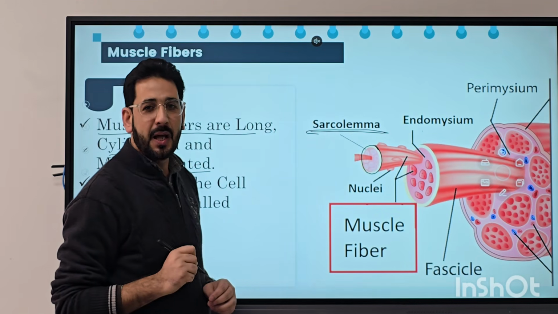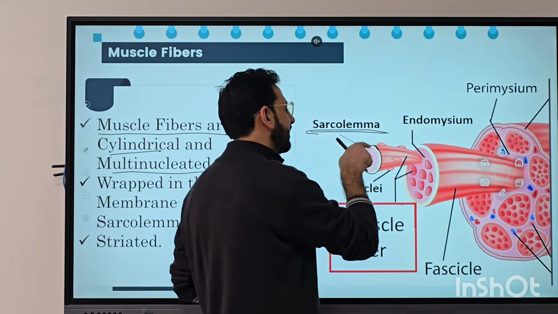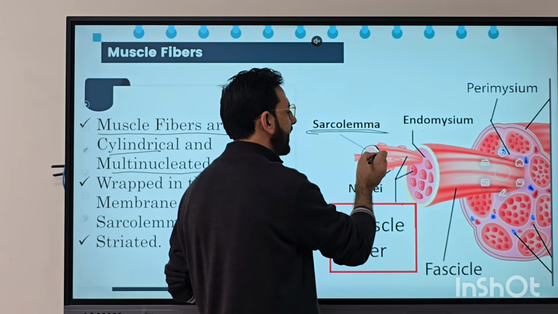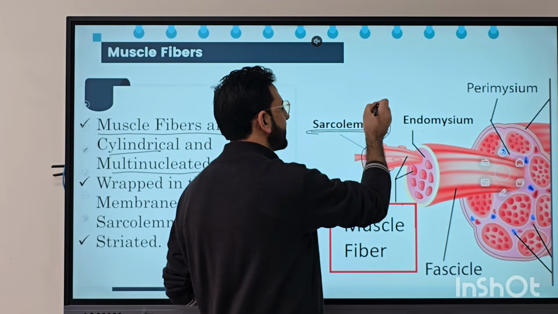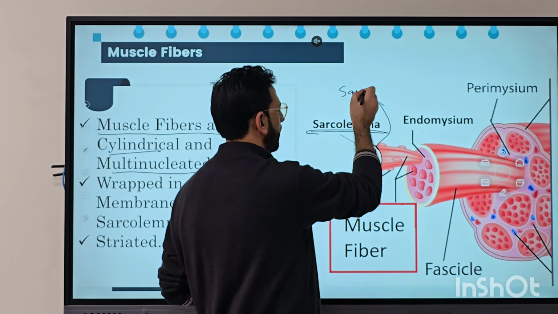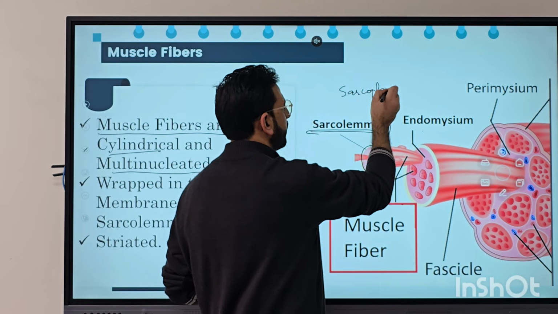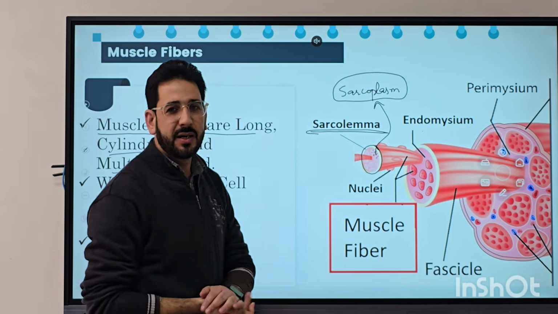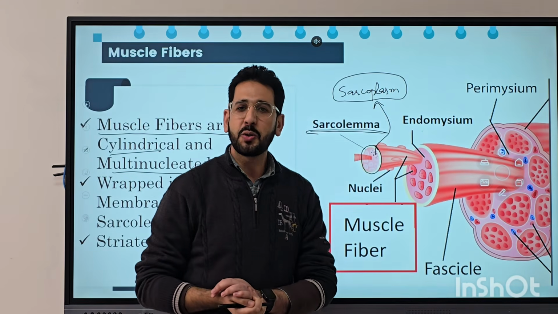And the cytoplasm inside the muscle fiber is called sarcoplasm, and this sarcoplasm contains all the cell organelles, most importantly the mitochondria.